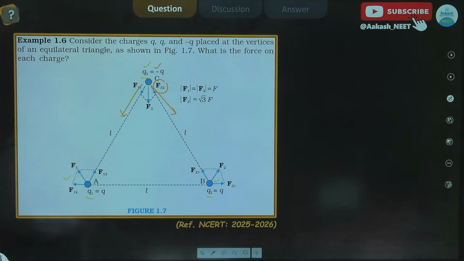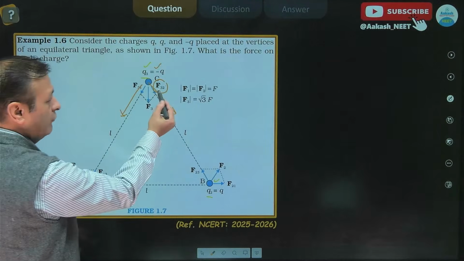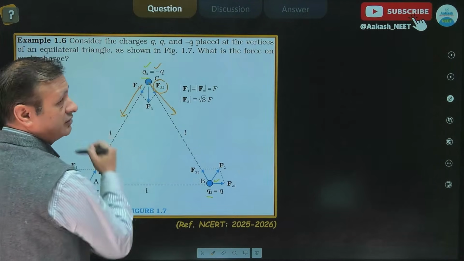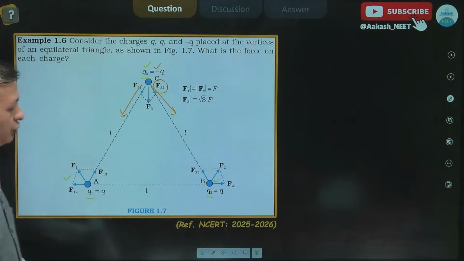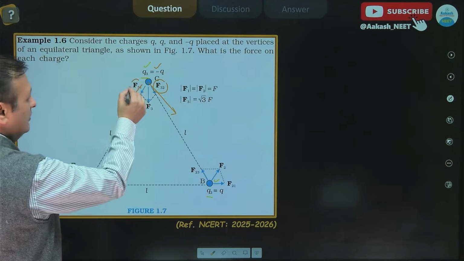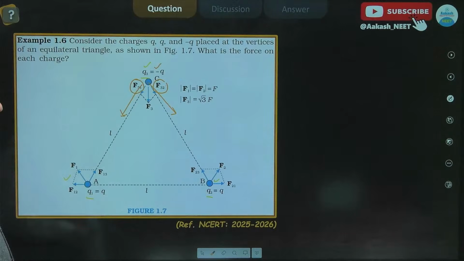The forces are labeled as F32, the force experienced by charge 3 due to charge 2. Similarly, F31, the force experienced by charge 3 due to charge 1.